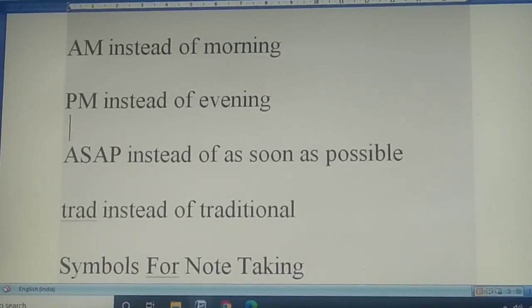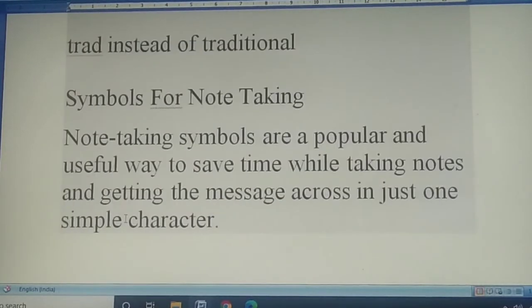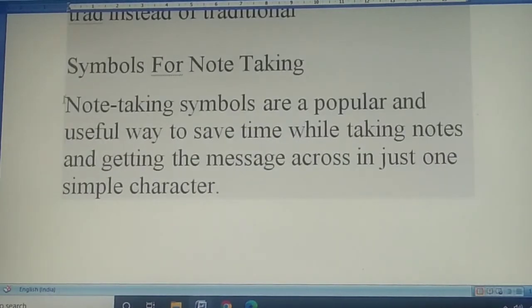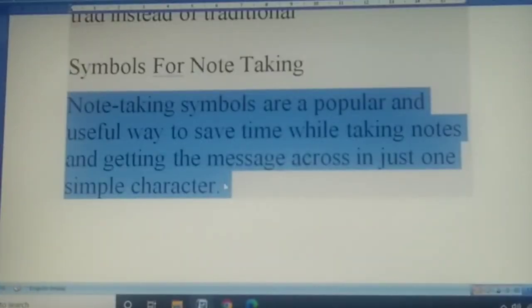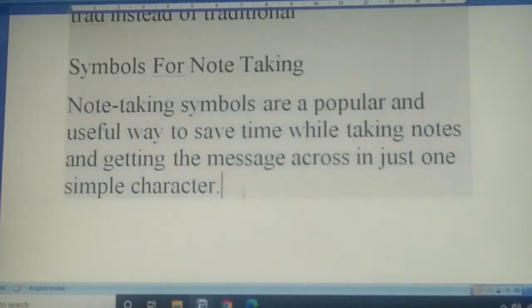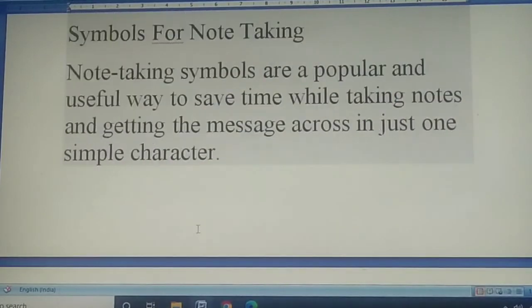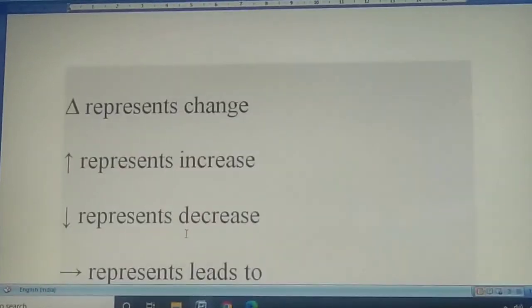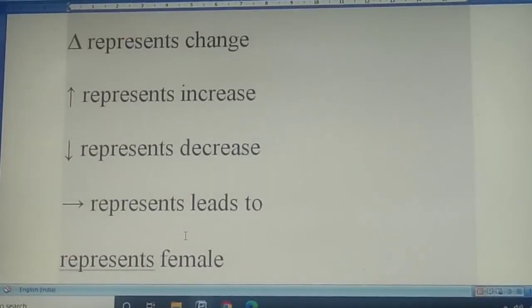Trad, traditional. Now, symbols for note-taking. Note-taking symbols are a popular and useful way to save time while taking notes and getting the message across in just one simple character. A triangle represents change. Arrow pointing upwards, increase.